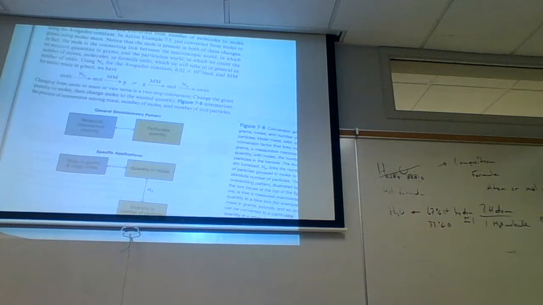And so for every 1 mole of water, there are 2 moles of hydrogen. So 2 moles, 1 mole of H2O. And then for every mole, I know I have an Avogadro's number's worth. So 1 mole of H will contain 6.022 times 10 to the 23rd H atoms. And so these are typical calculations that we do.